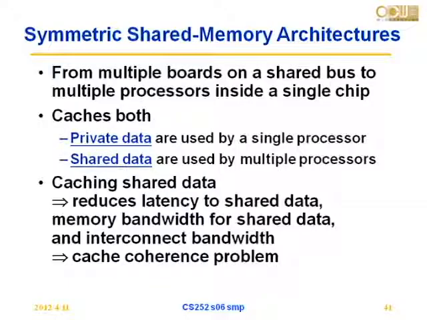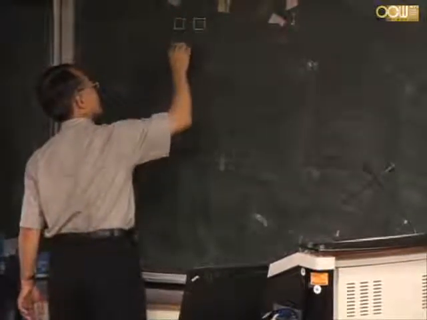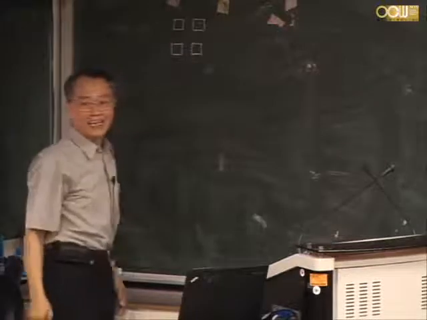Okay, symmetric shared memory architecture: from multiple boards on a shared bus to multiple processors inside a single chip. So this is a multi-core chip. Plus, we may need many of these chips on many printed circuit boards. Now let's look at this picture. If you have 4 individual cores, how do you assign caches to them?